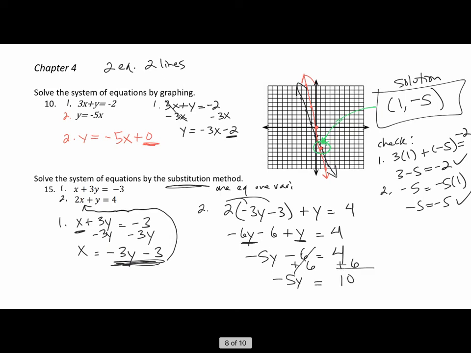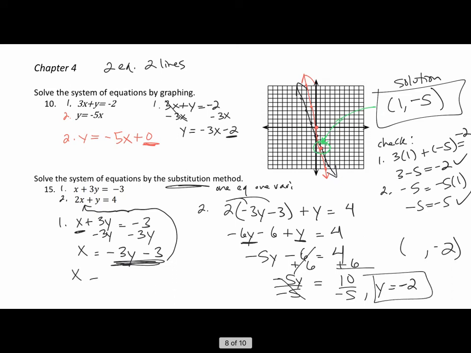Then I have -5y equals 10. And then the multiplication property, I can just divide -5 from both sides to get y equals -2 for my solution. But that only tells me what y equals. So for this solution, I know y is -2, but I don't know what x is yet.